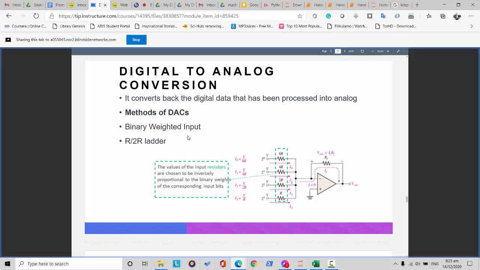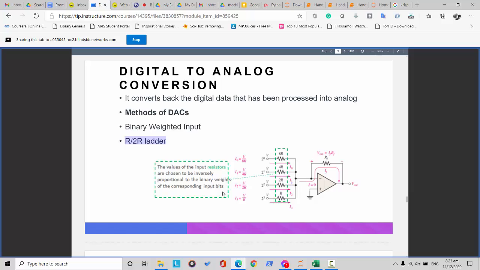So we have the digital to analog conversion, where the digital data that has been processed will be converted back to analog. And we have two methods of digital to analog conversion: the binary weighted input, and the R2R ladder.